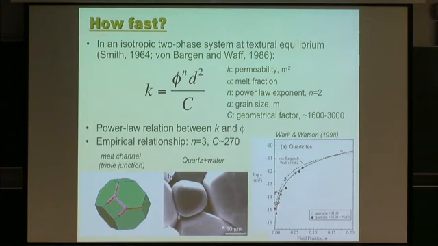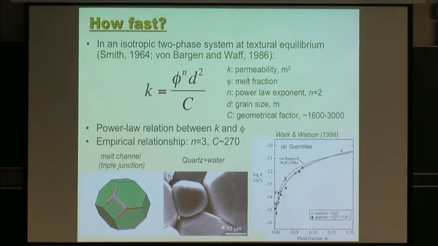But direct measurement of permeability on partially molten rocks is very challenging because first there's high pressure and temperature, then melt is really viscous. When you actually need to drive the melt, you need to apply quite a large differential pressure. This large differential pressure can deform the rock, so it's a combined hydraulic and rheology problem.